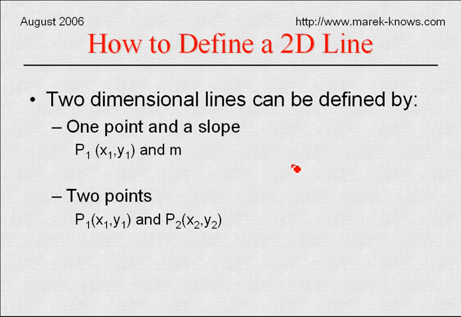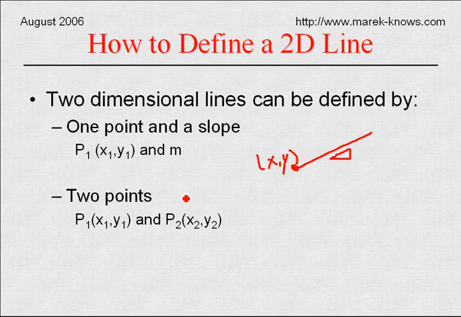So for instance, if I were just to draw here really roughly, you could have a point, so this is x and y, and the slope would give us sort of this angle here that we move. So the way that I drew it here, x is slightly larger than y, so this slope would be less than 1. And with those two pieces of information, the point and the slope, you can then define a line.